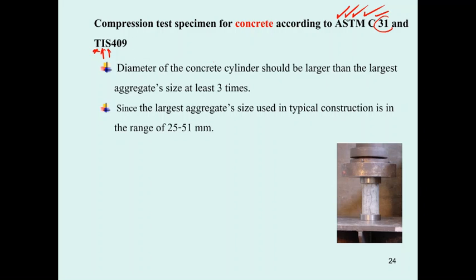The diameter of the concrete cylinder should be at least 3 times larger than the aggregate. Aggregates, such as crushed stone, are bigger than sand, so mostly we use the crushed stone as the reference.